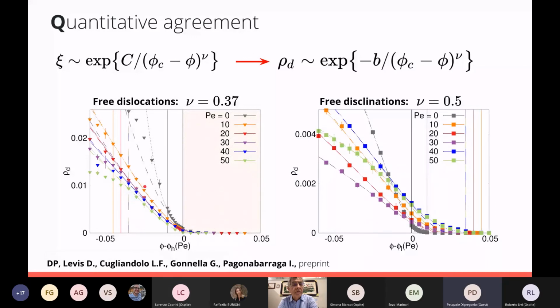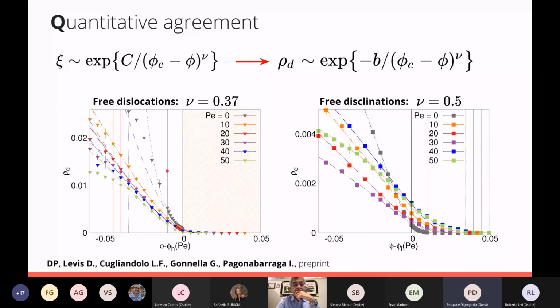Well, yes, you can say that, but in the end, you have to be careful comparing these cases because, I didn't go into the details, but here, for example, the extension of the hexatic region is different while you increase the activity.